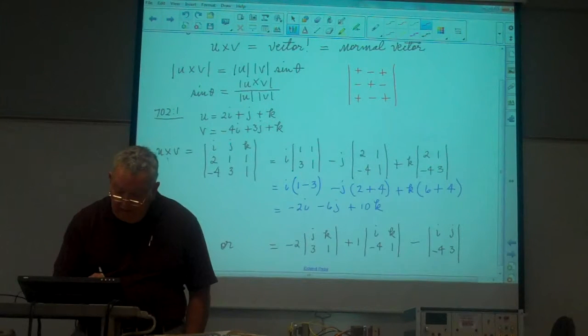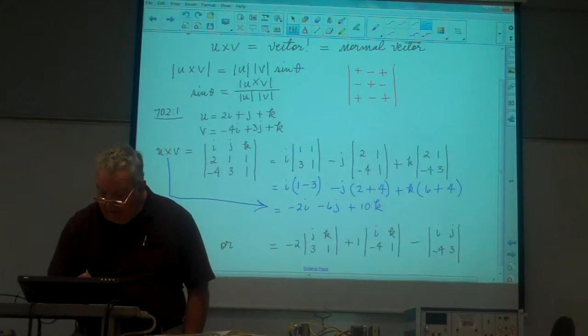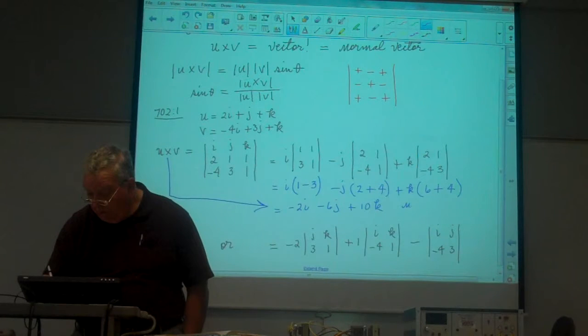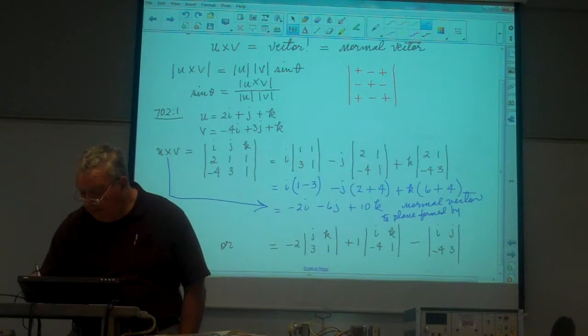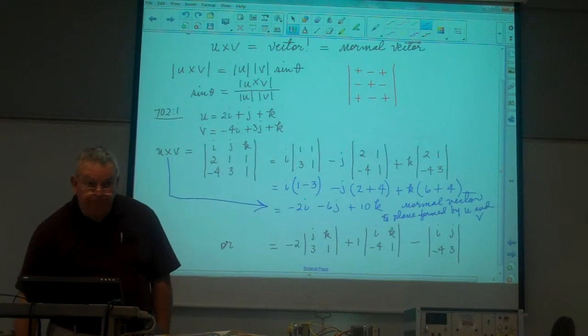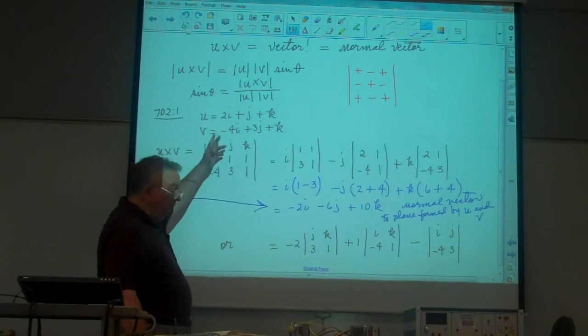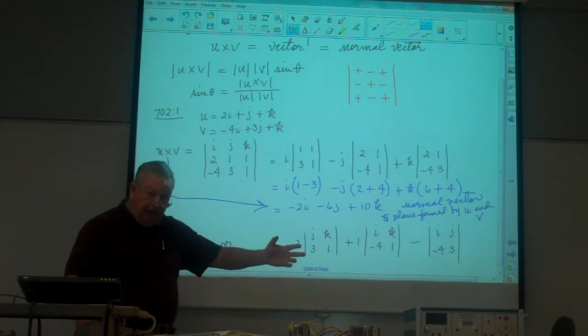And it is this vector that is the normal to the plane formed by U and V. U and V are two vectors, hence two lines.